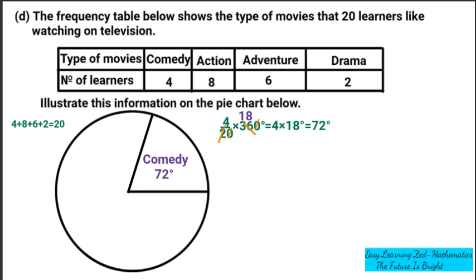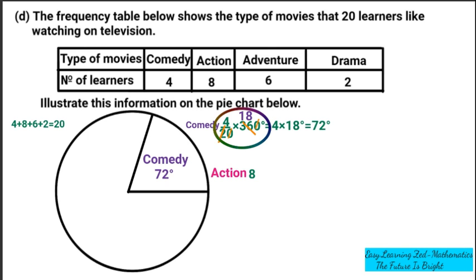Then for action, we have got 8. Now remember I said earlier on that I'm not going to go through the same process of evaluating 8 over 20 multiplied by 360, because I know that 20 goes into 360 degrees 18 times.